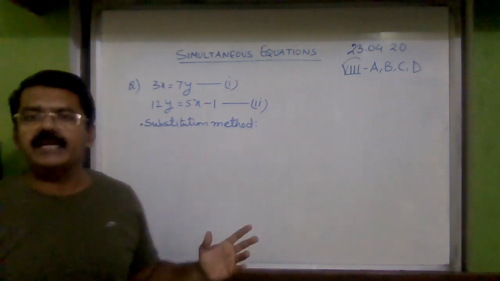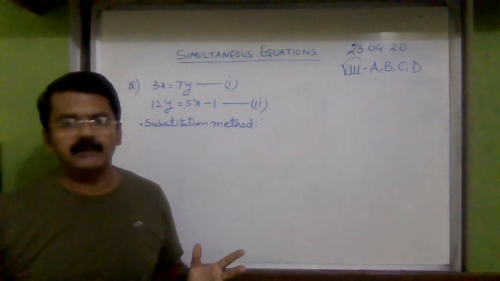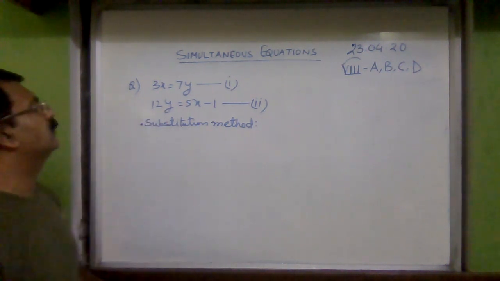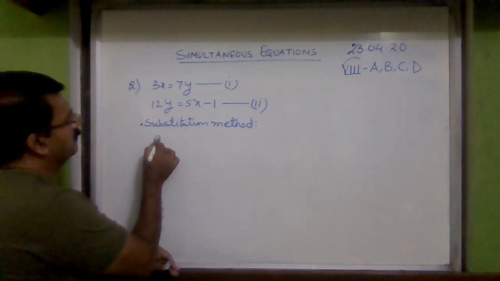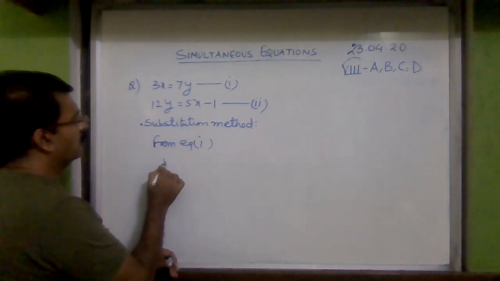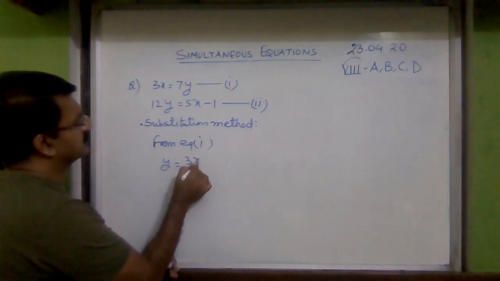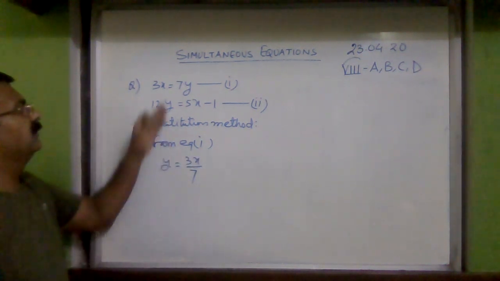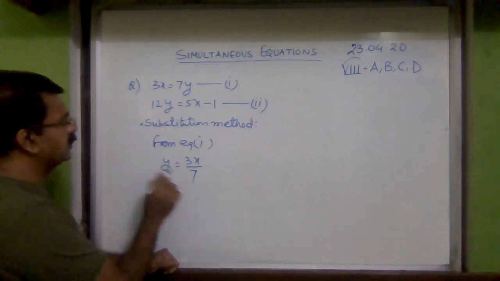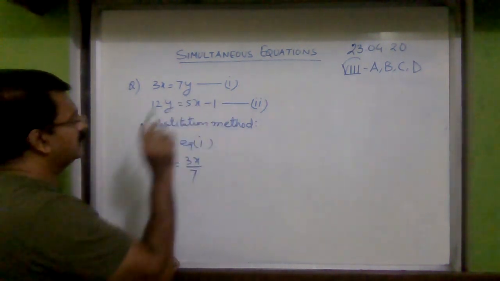We are going to apply substitution method here. Now, from the first equation, you can see from equation 1, y will be equal to 3x by 7. If you divide by 7 on that side, then y will be equal to 3x by 7. Now, put this value of y in equation number 2.